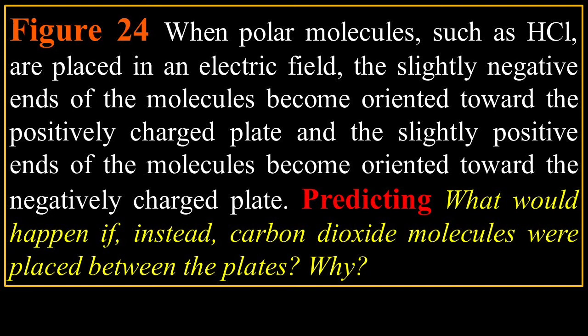When polar molecules such as hydrogen chloride are placed in an electric field, the slightly negative ends of the molecules become oriented towards the positively charged plate, and the slightly positive ends of the molecules become oriented towards the negatively charged plate. Predict what would happen if carbon dioxide molecules were placed between the plates, and why.